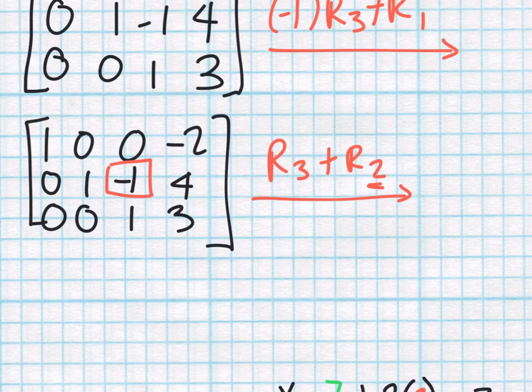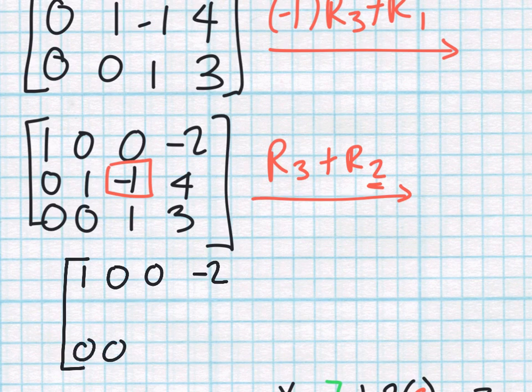I'm going to get a matrix that looks like this. Row 1 doesn't change: 1, 0, 0, negative 2. Row 3 does not need to change: 0, 0, 1, 3. And then row 2 turns into 0, 1, 0, 7.